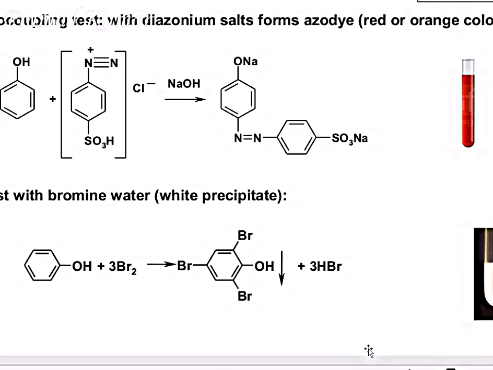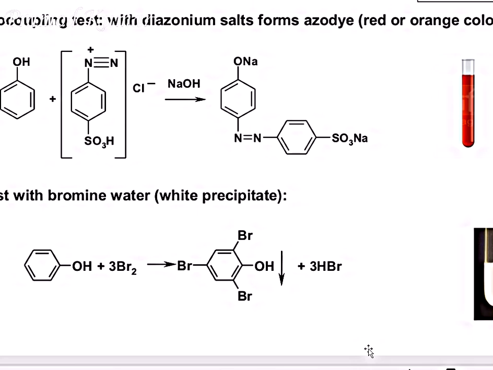Next is when you treat your phenol with bromine. So what happens when you treat phenol with aqueous bromine? It will give you 2,4,6-tribromophenol, and this is a white precipitate.